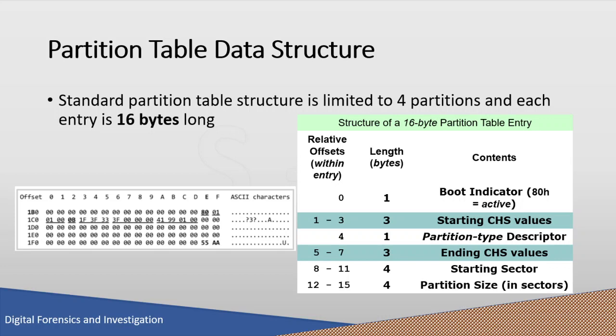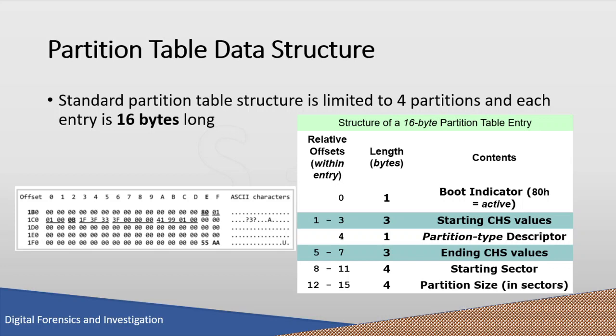The next three bytes represent the starting sector in cylinder head sector values. These values pinpoint the location of the partition's first sector on the hard drive. Next, one byte represents the partition type descriptor. It is a single byte, allowing up to 256 possible values to indicate the type of the partition that can exist under the basic disk partitioning system.